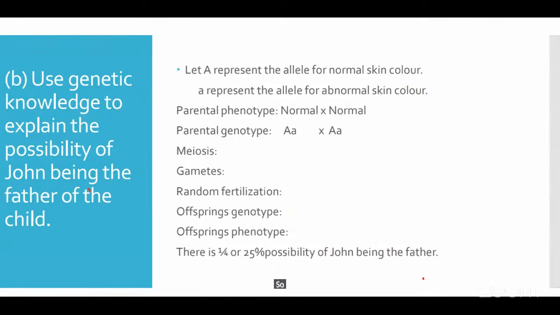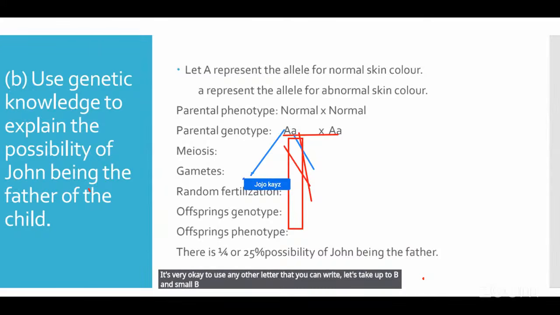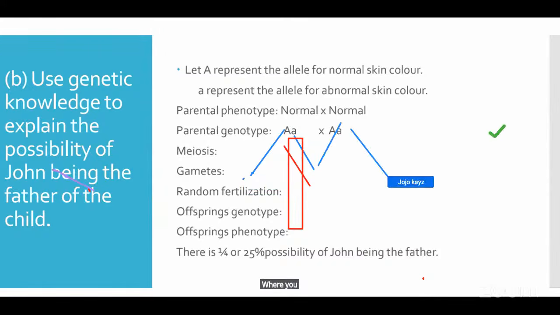So even if, let's say, the item is about sickle cell, it's very okay to use any other letter that you can write, let's say capital B and small b, where you can easily write the letters separately.